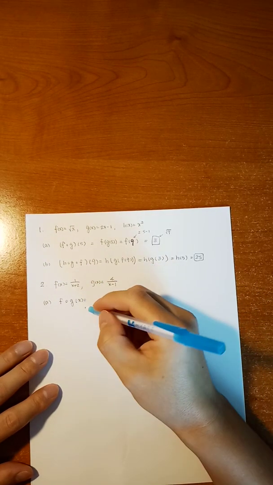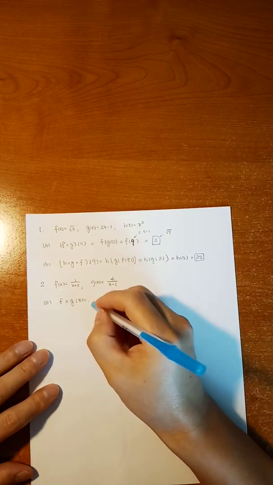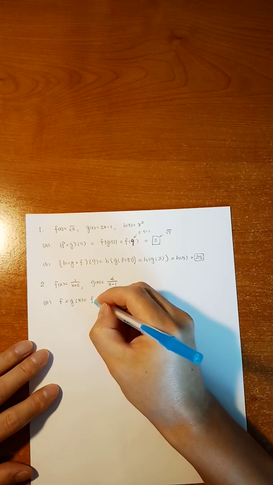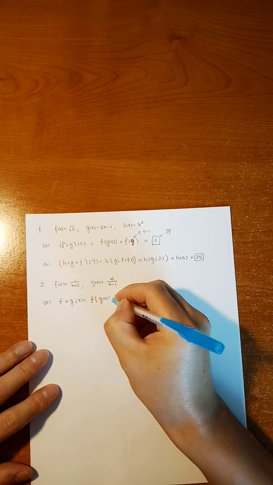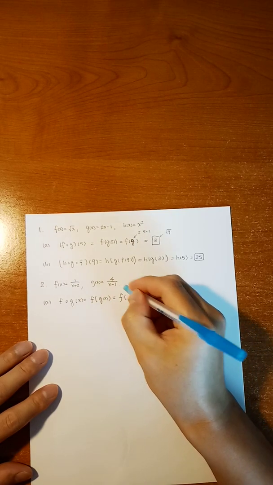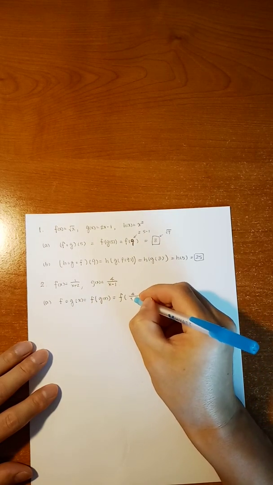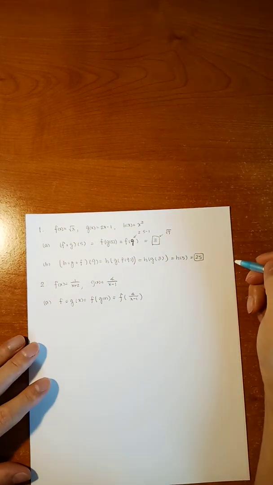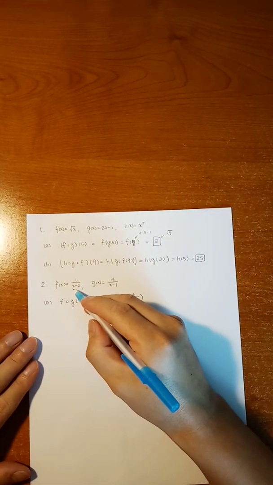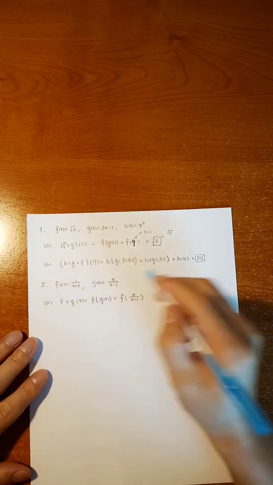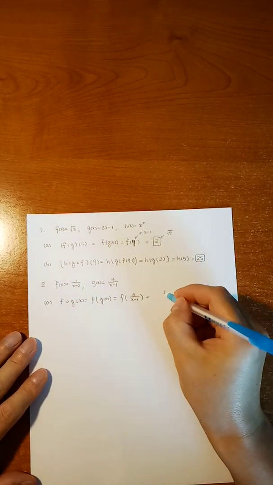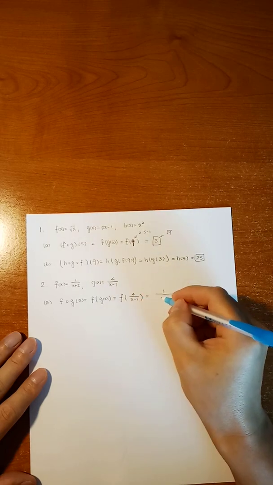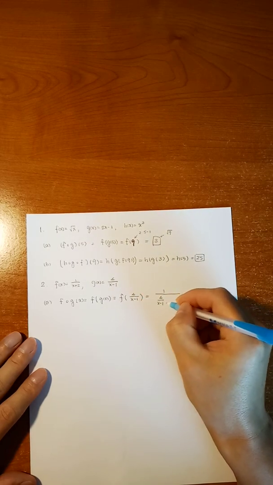When we try to find the expression, we of course place x here. So this is f of g of x. G of x is 4 over x minus 1. And then you apply this to f. So x is here, so it's 1 over whatever inside, 4 over x minus 1, and plus 2.